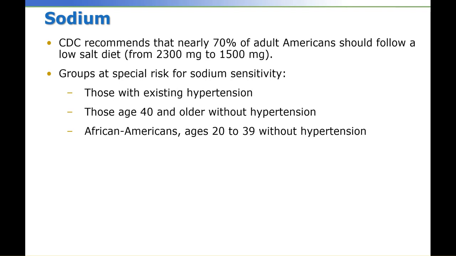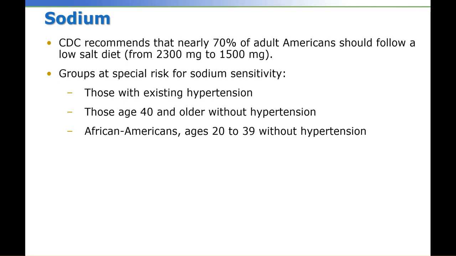Sodium, you hear about this a lot in the news. The CDC recommends that nearly 70% of adult Americans should follow a low-salt diet, between 2,300 and 1,500 milligrams. The body only requires, by the way, 500 milligrams of sodium. Adult Americans typically get about 4,500 milligrams of sodium, or 8 to 12 grams, each day, which is way more than necessary.